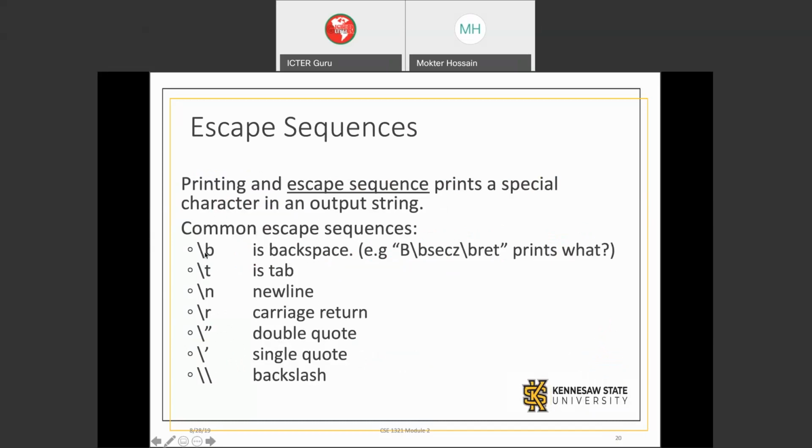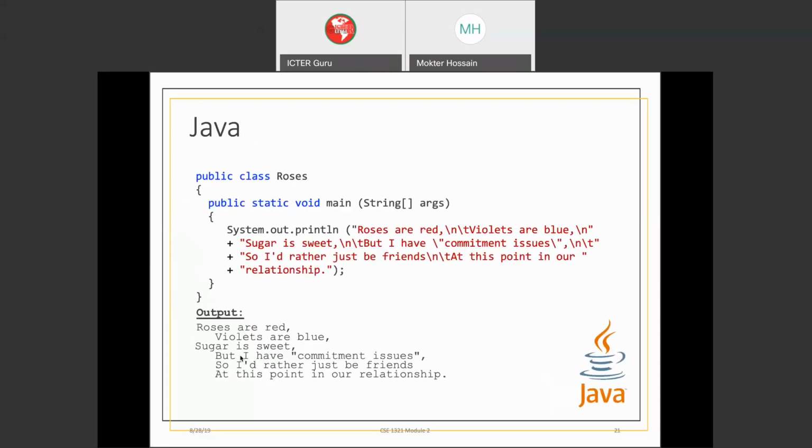Backslash b is used for a blank space, backslash t is used for one tab to give some eight or six space gap, and backslash n is used for a new line. The combination of the backslash character makes our output different when we put it in a println method.